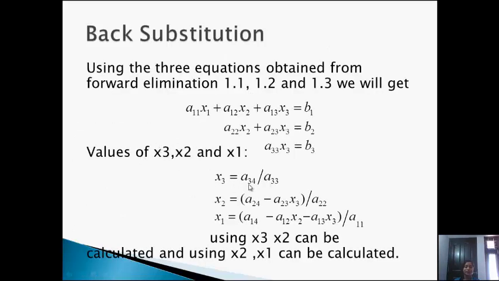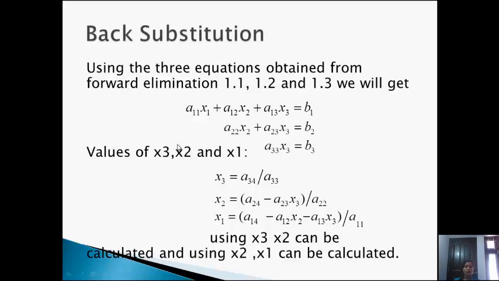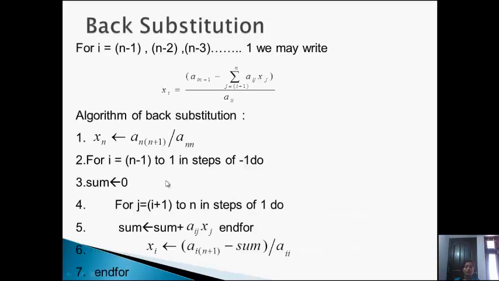So we can write it in general like this: xn is going to be an,n+1 upon ann. Here our n will be 3, so x3 is a34 upon a33. So we can calculate x3 from here for three simultaneous equations.